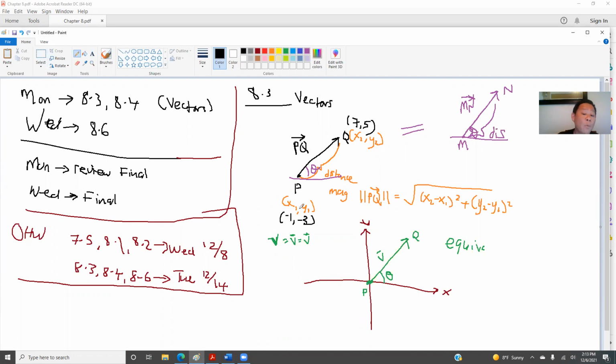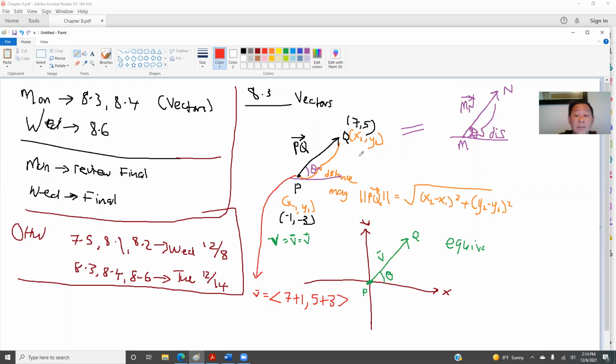We can write this in standard form, and V is going to be x2 minus x1, so it will be 7 plus 1, and then y2 minus y1, 5 plus 3.